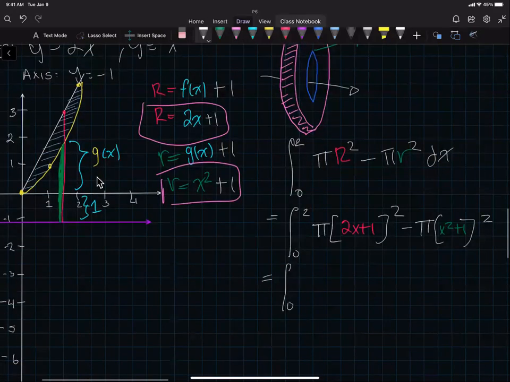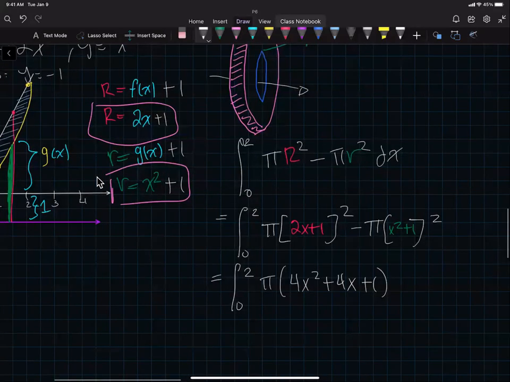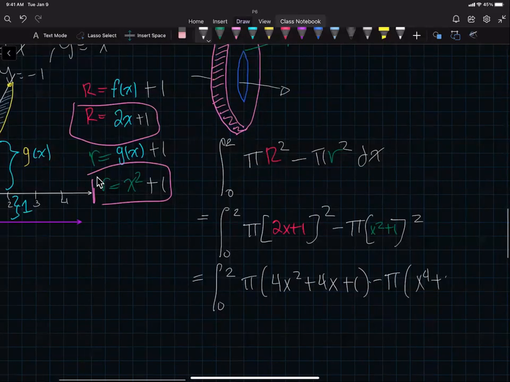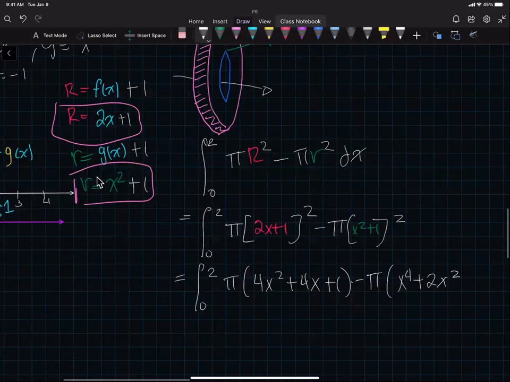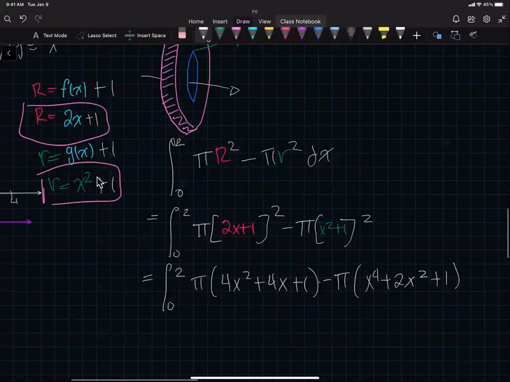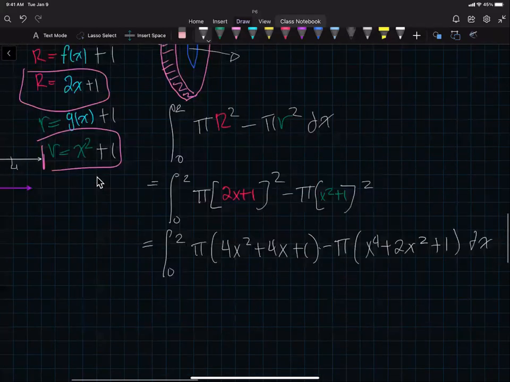It's going to be from 0 to 2, and it's going to be pi (4x squared plus 4x plus 1) minus pi (x to the fourth plus 2x squared plus 1), and then dx. Okay.